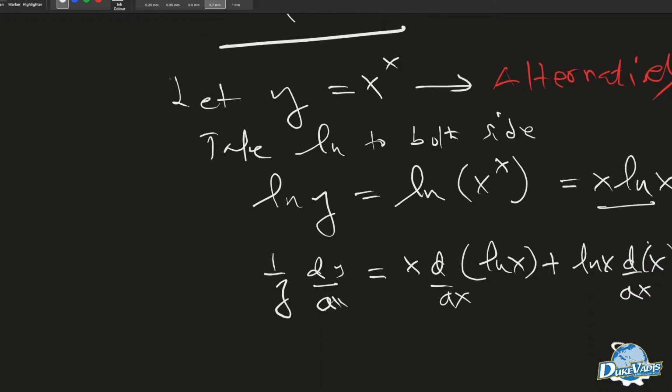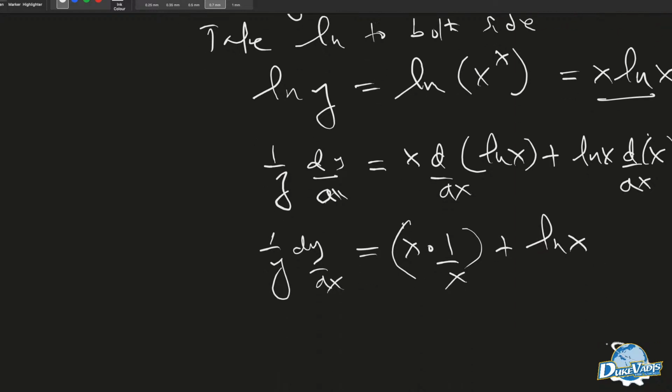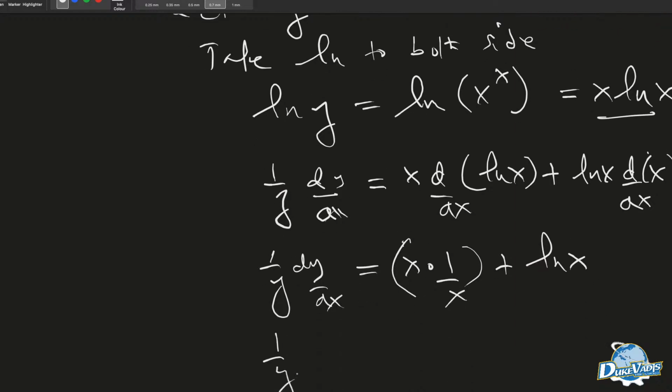When we differentiate, 1 over y dy/dx is equal to x times 1 over x, plus natural log of x. So 1 over y dy/dx is equal to 1 plus natural log of x.